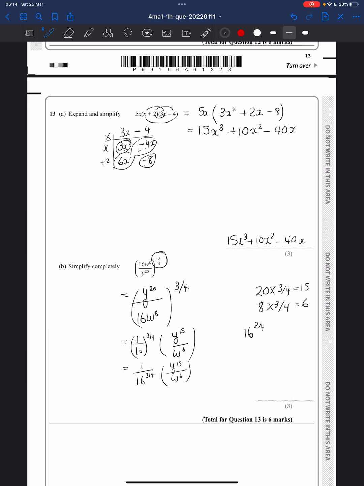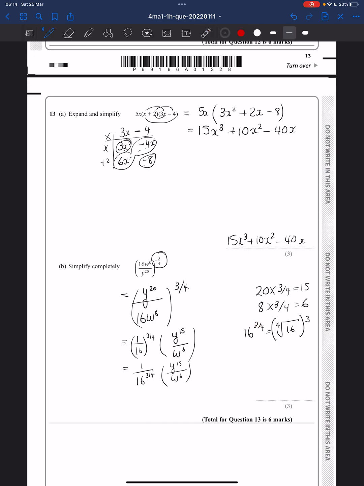Now when you do this, it's going to be the 4th root of 16. When it's a fraction, the number in the denominator is the root of 16. Oh, you don't need a calculator actually. You can do 16 to the power 0.75. If it's a non-calculator paper, you do the 4th root of 16, and then you take that answer and cube it.